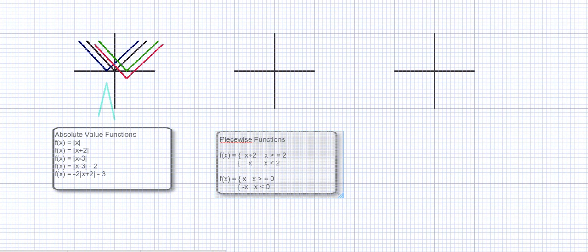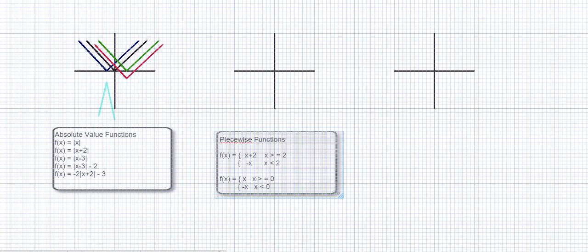So if you convert that into y equals minus x, you'll notice that that's again a simple linear equation. It's just a negative sloping line, of slope negative 1, and that's for all values of x less than 2.